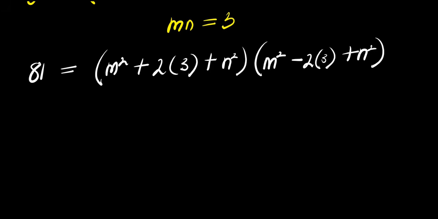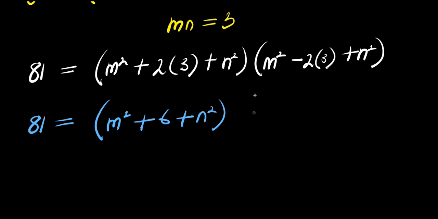So from here, what you are going to have is 81 equals, this is m squared plus 6 plus n squared times, this is m squared minus 6 plus n squared.